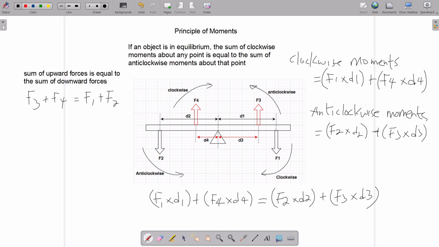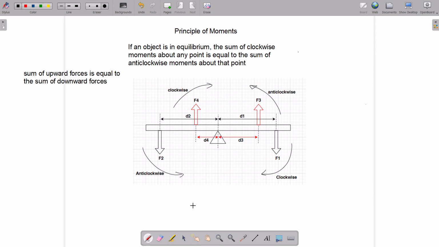We'll have F3 plus F4 equal to F1 plus F2. And that gives us two equations. From these two equations, if there are missing parameters, we can use them to find them.